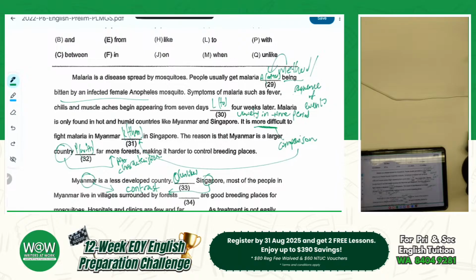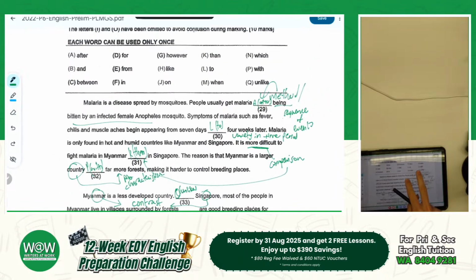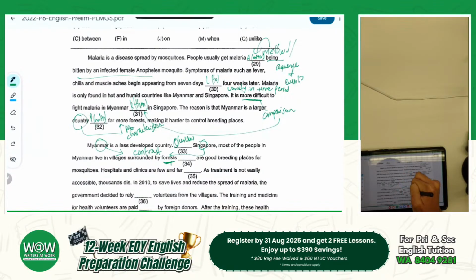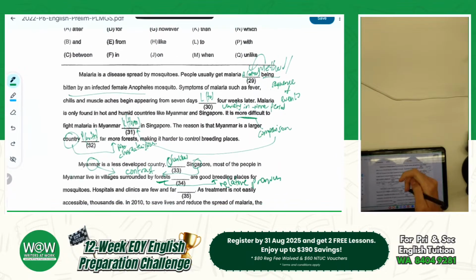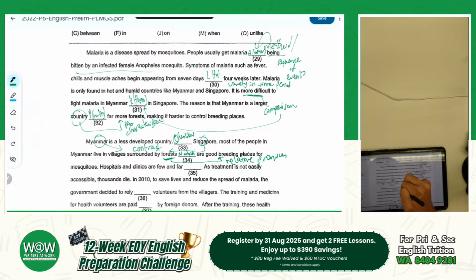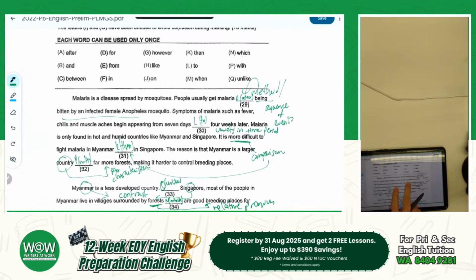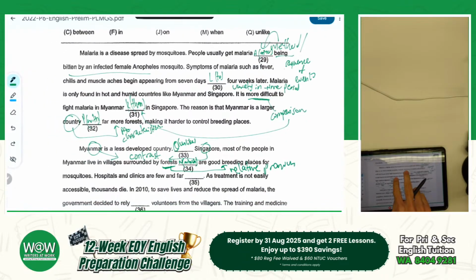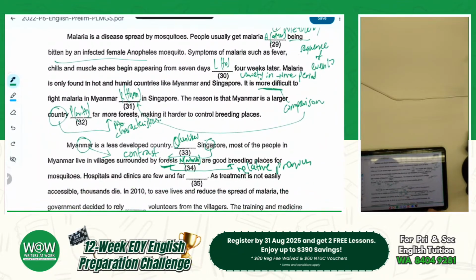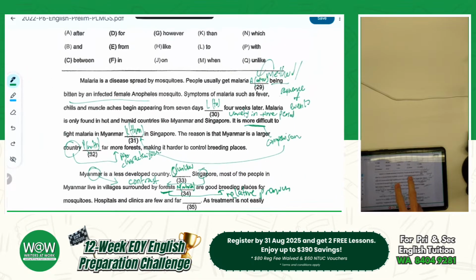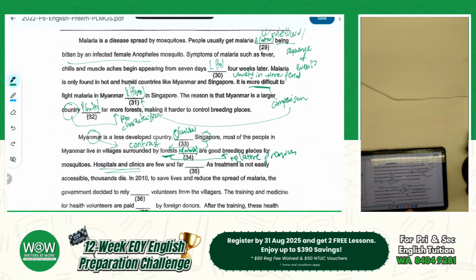Now for question 34 here, we are looking at how the forest can breed mosquitoes. We are looking at a relative pronoun, right? So in this case, the answer would be which. Hospitals and clinics are far and few. Dash. So over here, for question 35, we are looking at how the hospitals and clinics aren't really accessible.